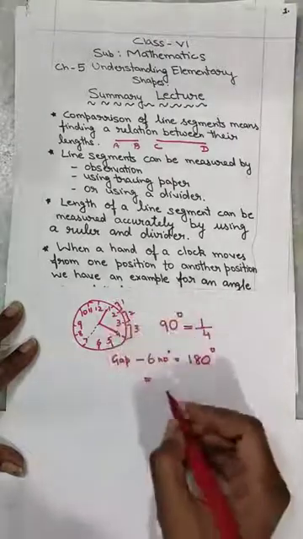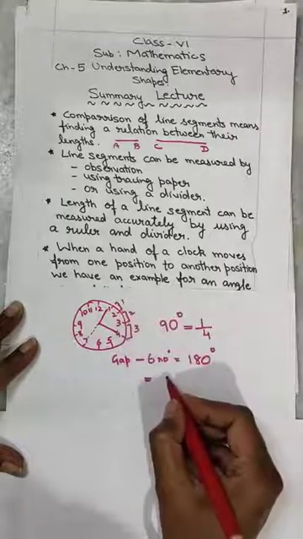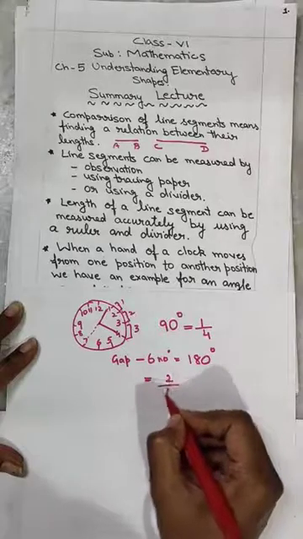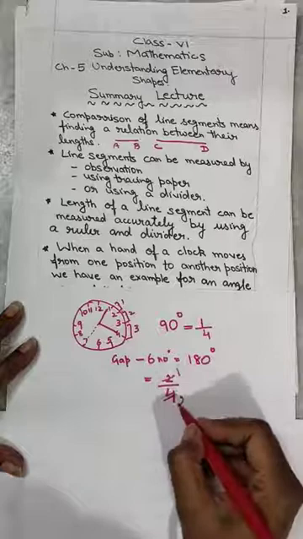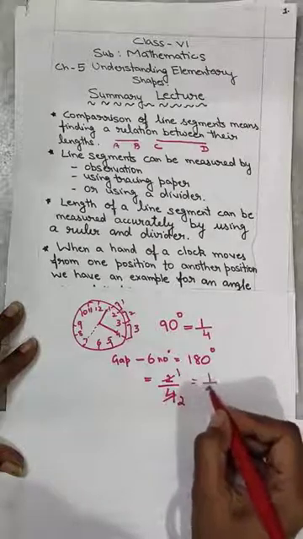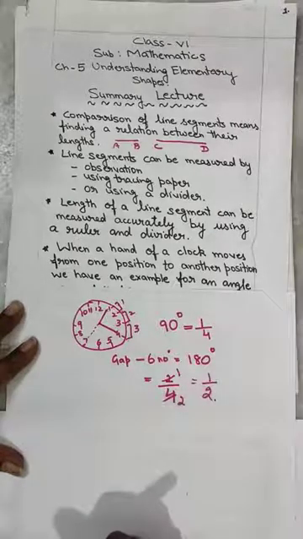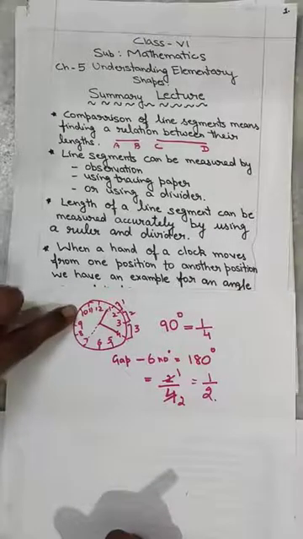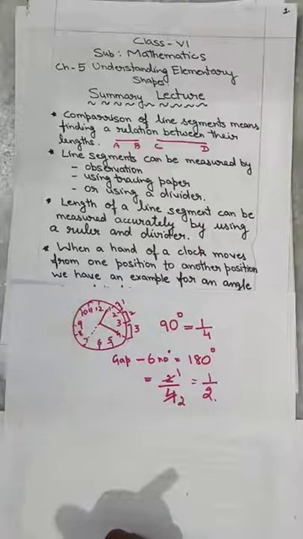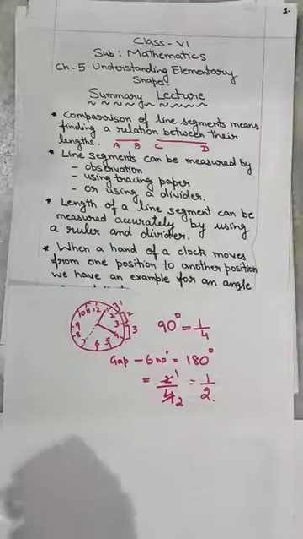As it is a straight angle, it covers 2/4 part. You can cut it, 2 1s are 2, 2 2s are 4, so it is 1/2. In the same way, if 3 more gap is there, then it is a 3/4 turn.